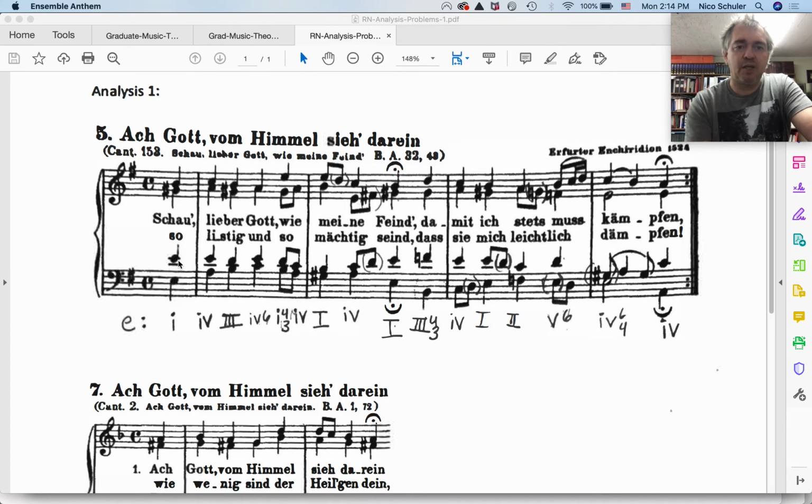Now there are instances where the pickup has a 1 chord, but very often if there is a pickup, it's actually on the dominant, so dominant tonic resolution. So what happens on this cadence point is that you have a dominant tonic resolution earlier, and then the phrase ends on a half cadence on a 5 chord in the key of A minor, right?